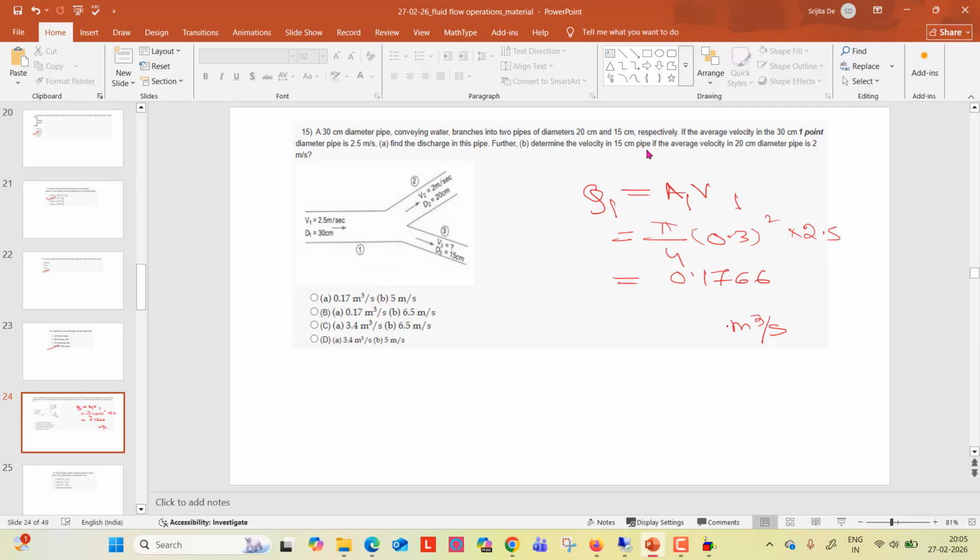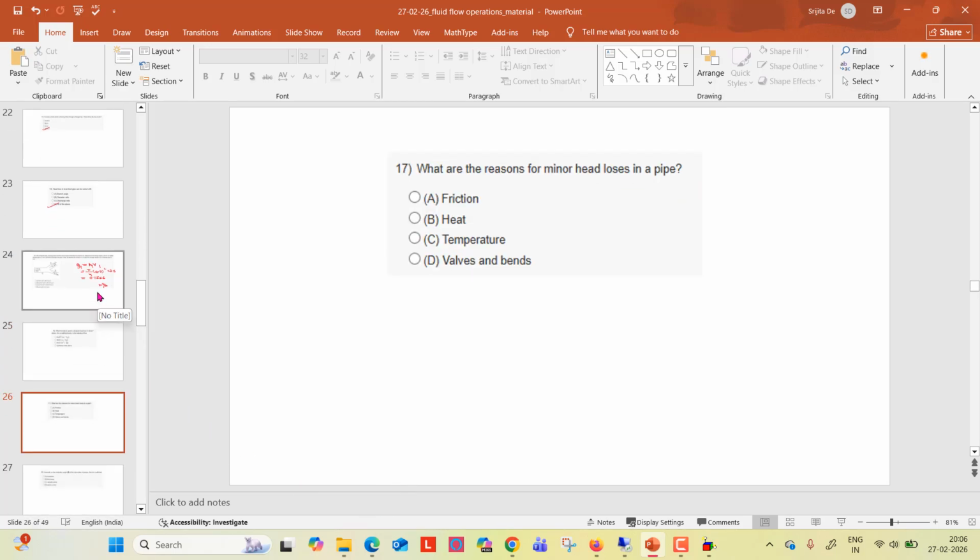Okay. Next one is to determine the velocity in the 15 centimeter pipe if the average velocity in the 20 centimeter pipe is 2 meter per second. Now how will we calculate?